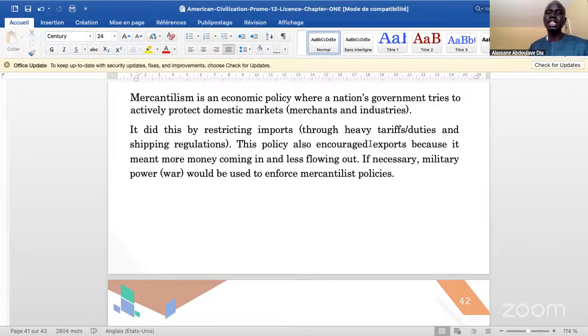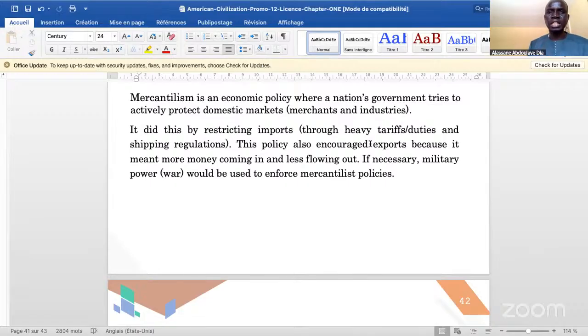So it does this by restricting imports. So when they do that, they impose or restrict imports. It means they block imports through heavy tariffs and duties. You see, Donald Trump has done it. So they tax heavy tariffs and duties and shipping regulations. This policy also encouraged exports because it meant more money coming in, less flowing out.